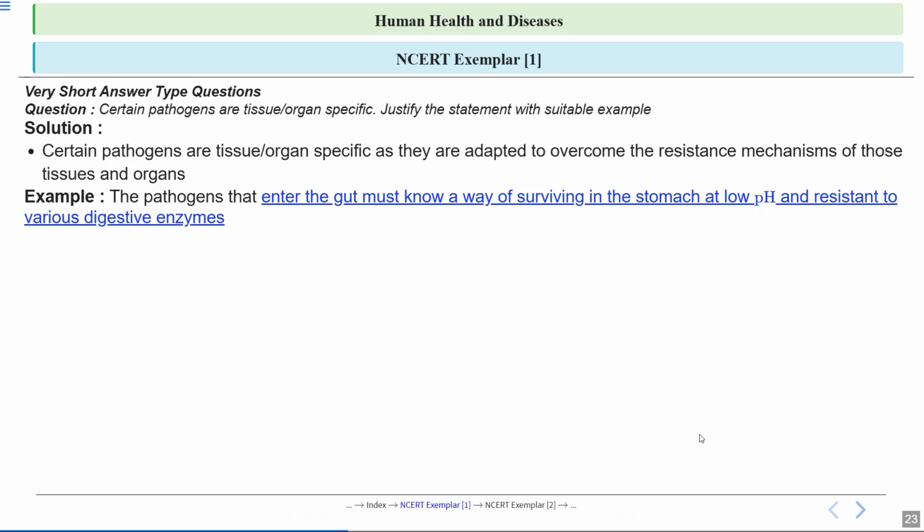Let's look at one example. Pathogens that enter the gut must survive the low pH of the stomach and resist the digestive enzymes. This shows how only certain pathogens with the right adaptation can infect the gut while others are destroyed.